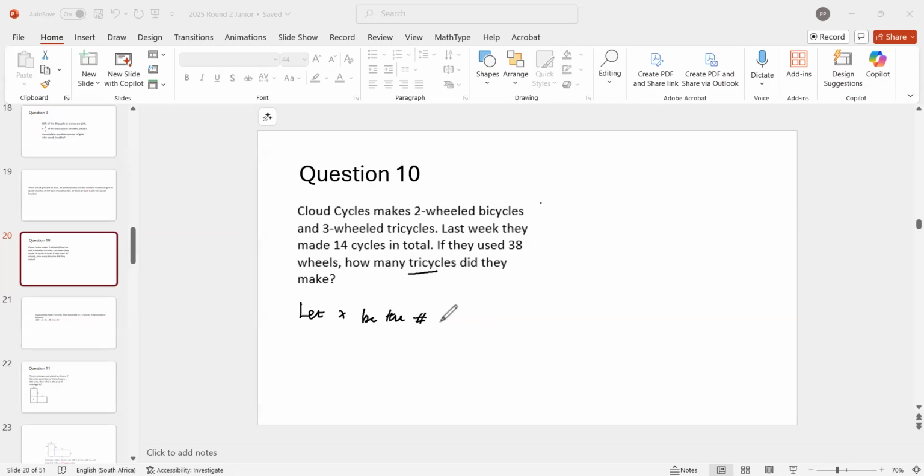This is a sign for the number of tricycles that this group made. Okay, so they made 14 cycles in total. So the remaining cycles are bicycles.